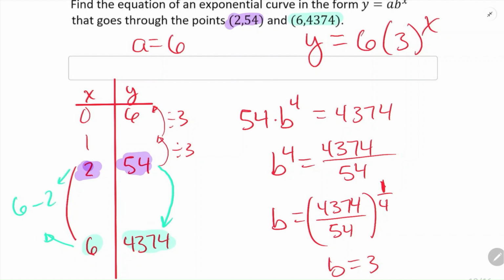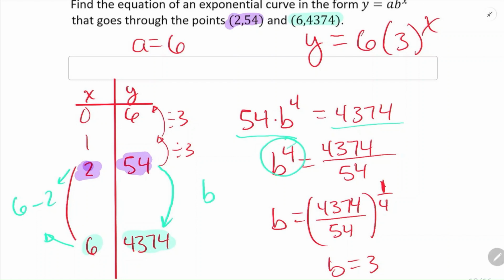So this is 54 times b to the 4th power, 54 times 4 b's becomes 4374. If I divide both sides by 54, I get b to the 4th is the fraction 4374 over 54.